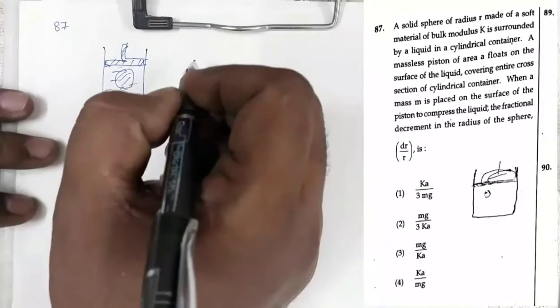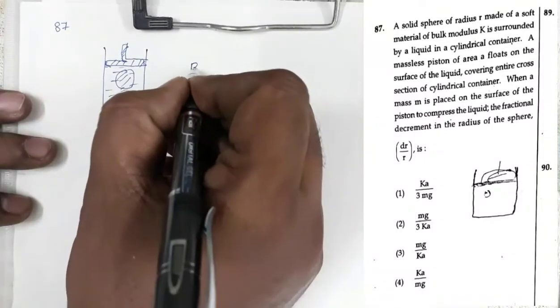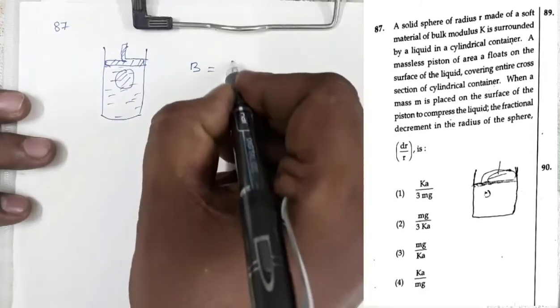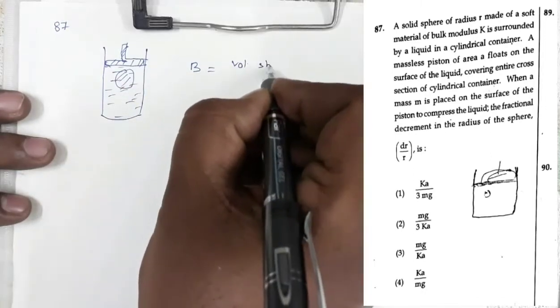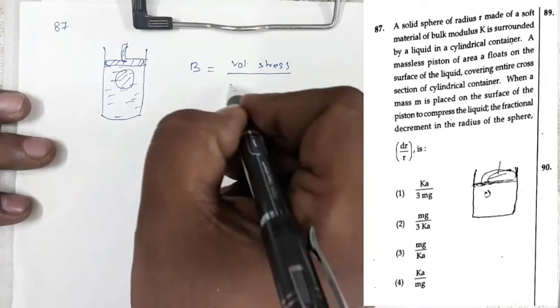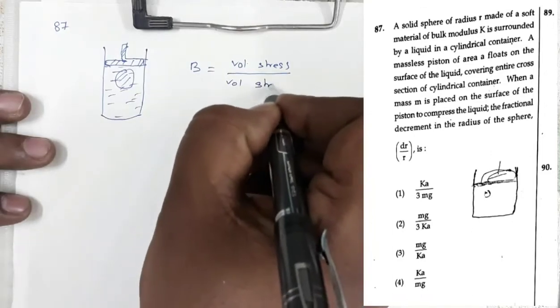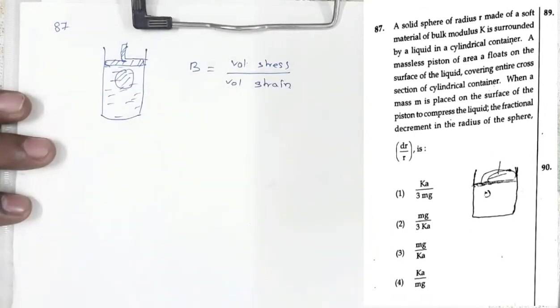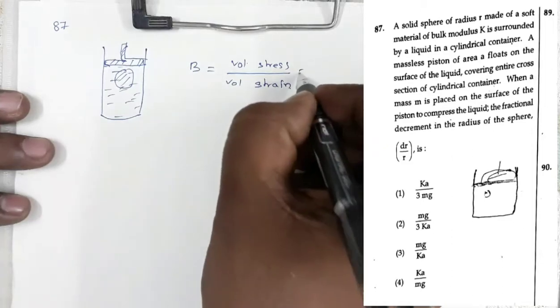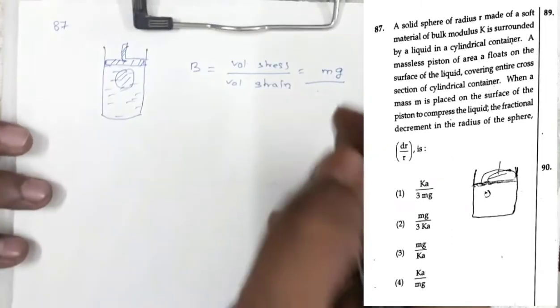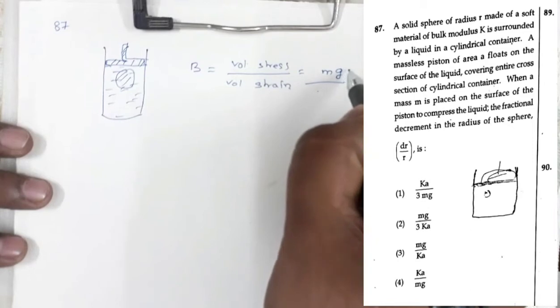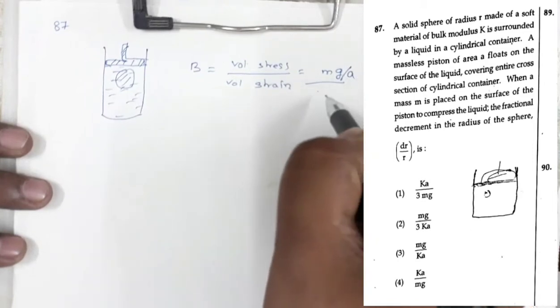So bulk modulus, we know that bulk modulus is given by B is equal to volume stress by volume strain. Now volume stress is due to the weight, so volumetric stress is mg divided by A, where A is the area.